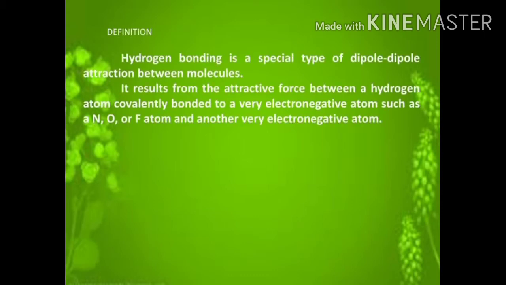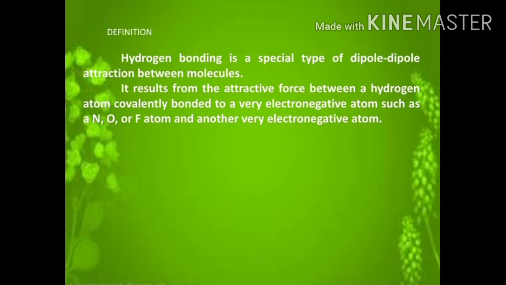Hydrogen bonding is a special type of dipole-dipole interaction between molecules. It results from the attractive force between a hydrogen atom covalently bonded to a very electronegative atom such as nitrogen, oxygen or fluorine, and another very electronegative atom.